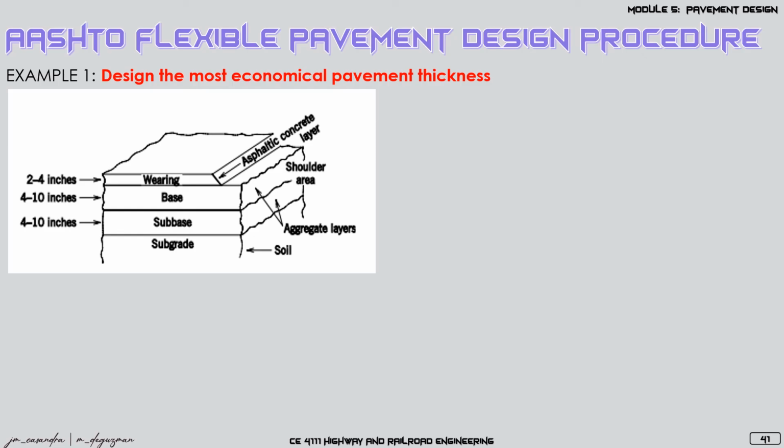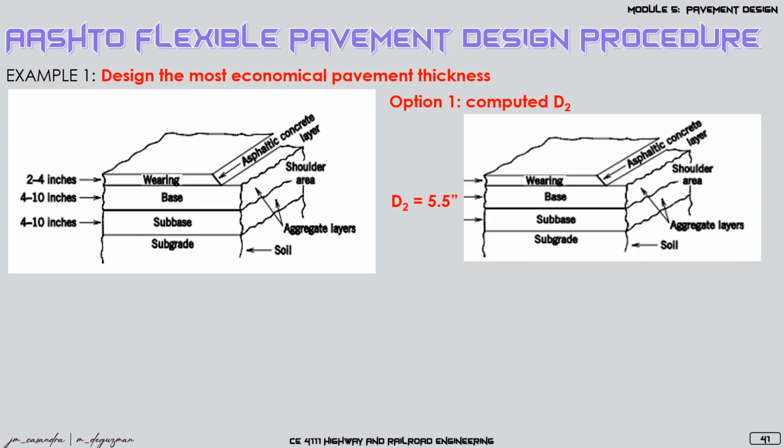So since we have computed already for the value of d sub 2 or the thickness of the base, an additional question for example number 1 is what would be the most economical pavement thickness for our flexible pavement? Okay, so the first option is to use our computed d sub 2 in our solution, which is now 5.5 inches.